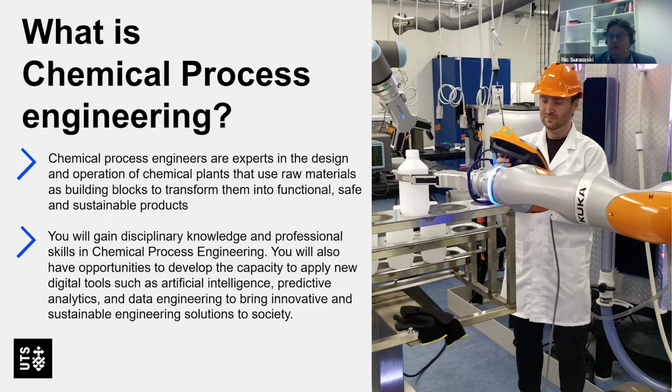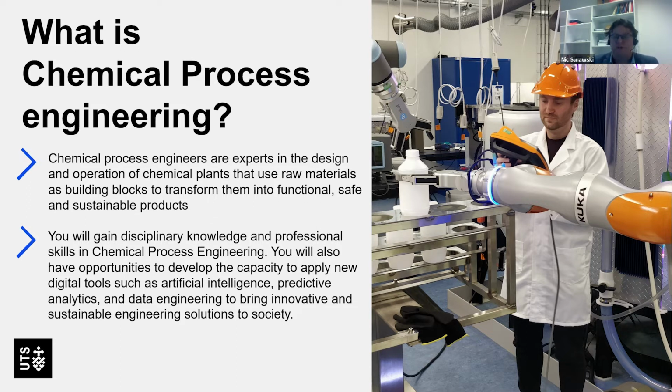Okay, so in terms of the background, chemical process engineers are experts in using raw materials and energy to turn them into value-added products, and those products need to be functional, safe, and sustainable. So when you think about the chemical products that we've got in society, if we're interested in creating a safe product, we're looking at potentially, say, a pharmaceutical or medical application, or it could be an explosive that's being manufactured, for example.